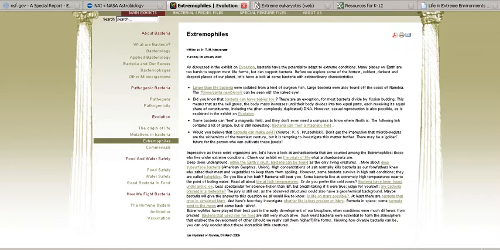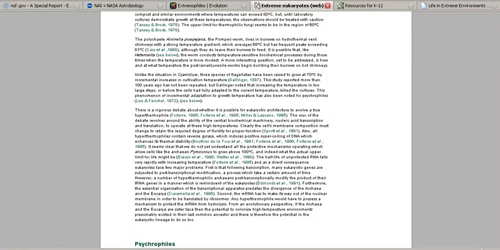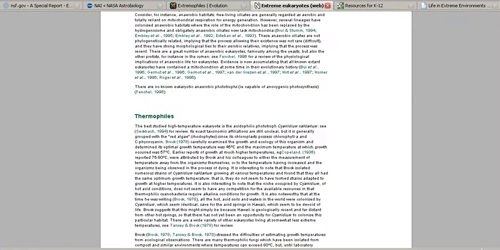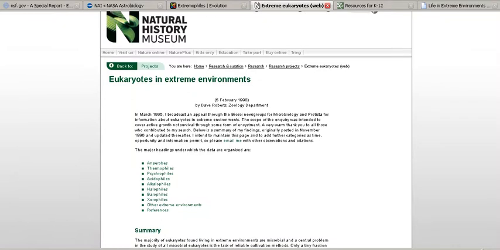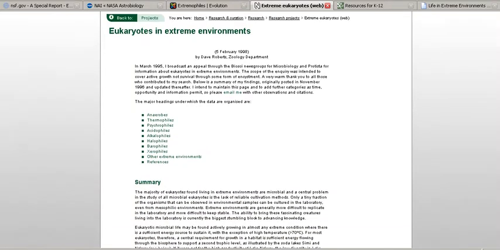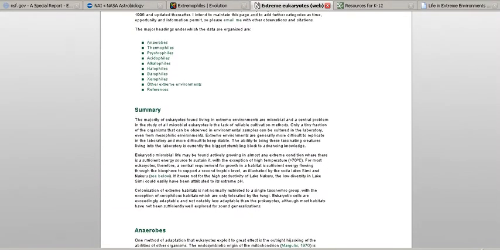The next site we're going to look at is from Britain. It's the British Natural History Museum. This is their site on eukaryotes in extreme environments. The nice thing about this is that there are embedded links to the extremophiles, and since it's a research museum, the information provided is designed mainly for the layperson.